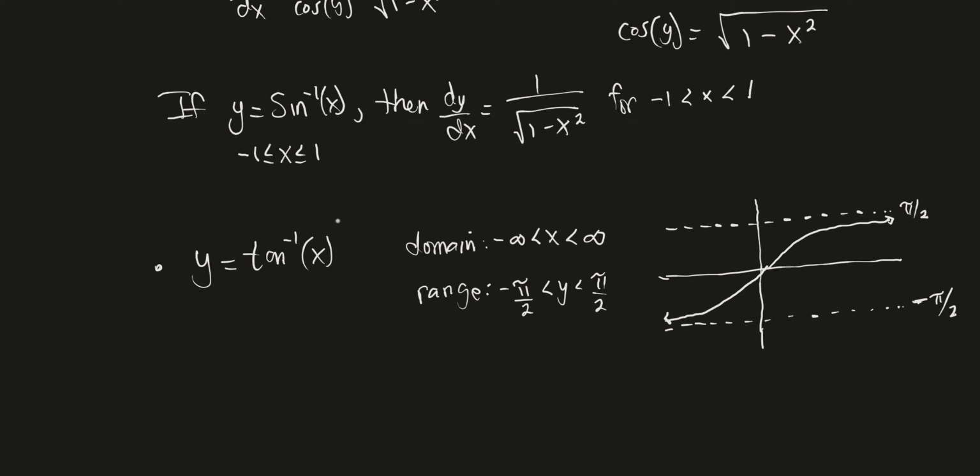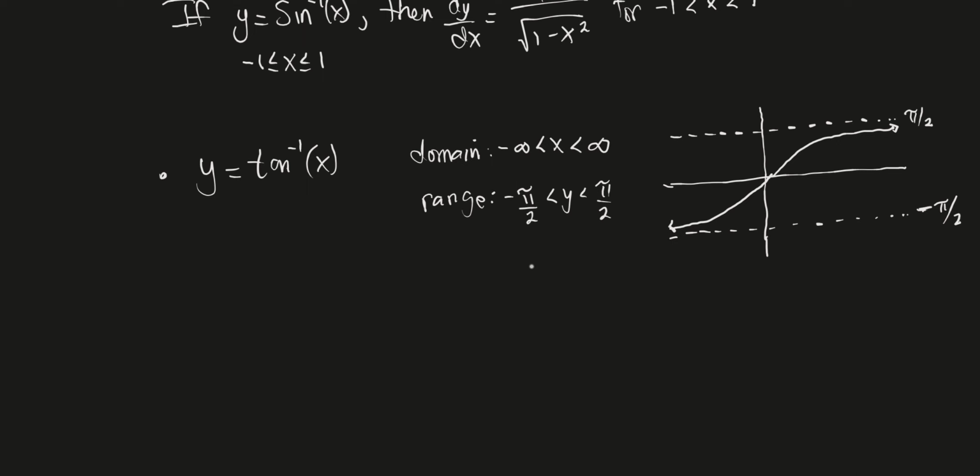So what identities do we know that involve tangent? Well, there's another version of the Pythagorean identity that is in terms of tangent and secant. And the basic one is that 1 plus tangent squared of y is equal to secant squared of y, right?